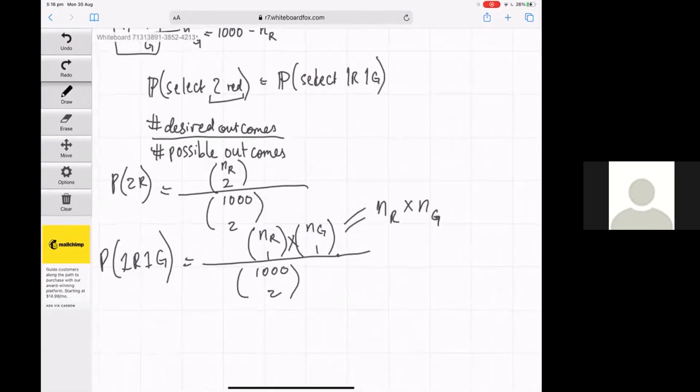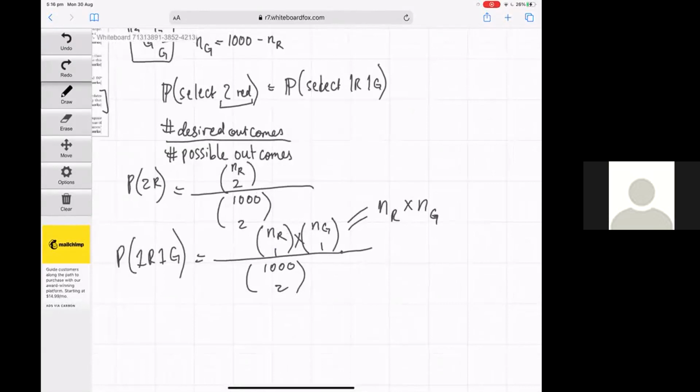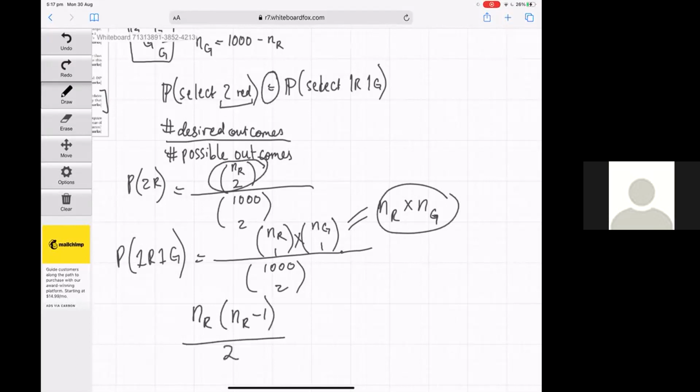So if we solve this, it's good that the denominators are the same, because to set them equal to each other, we only need that this is equal to this. So nr choose 2 is nr times nr minus 1 divided by 2.